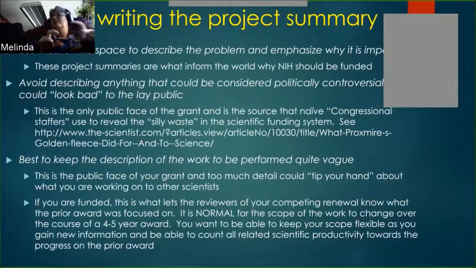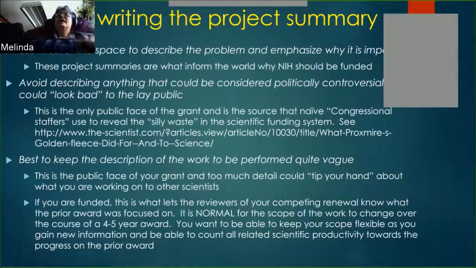So you can afford to be vague here without getting yourself into trouble. I've never known of a case where the project summary has been make or break for a grant. So there are a lot of advantages to not being detailed and really selling the importance of the work. Does that make some sense?